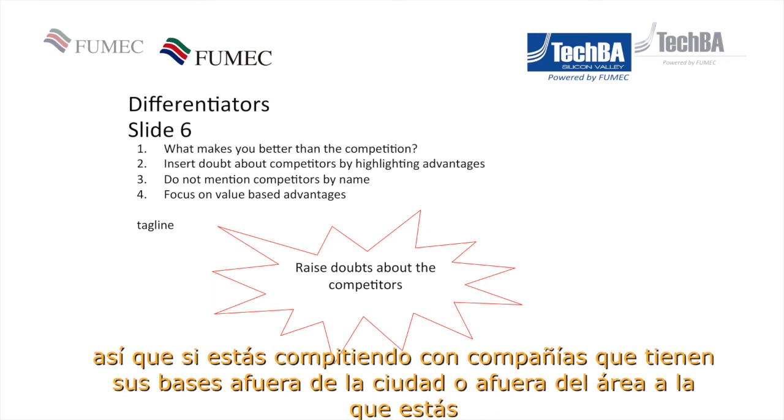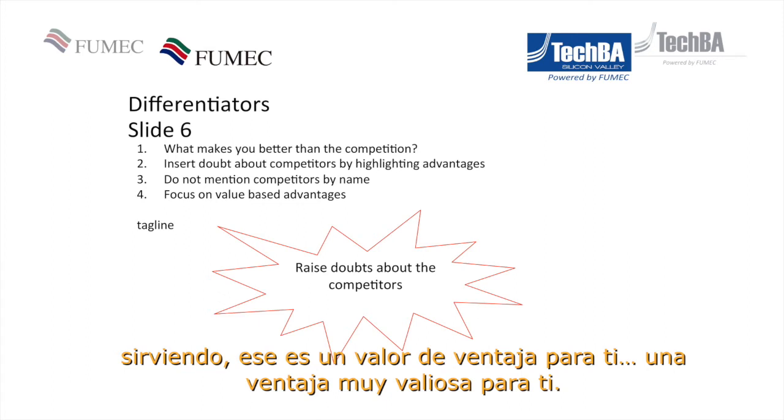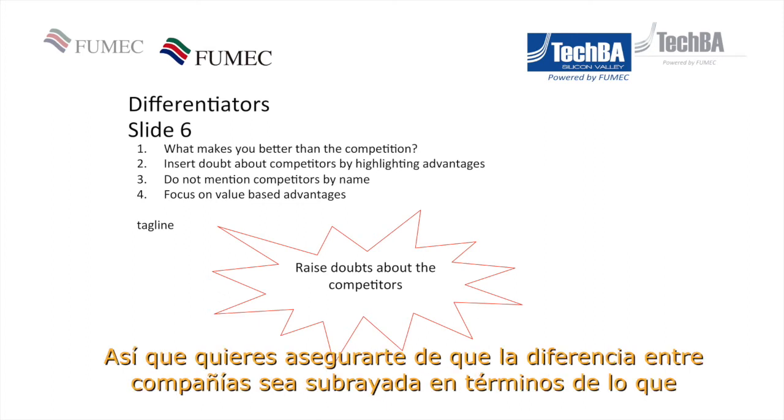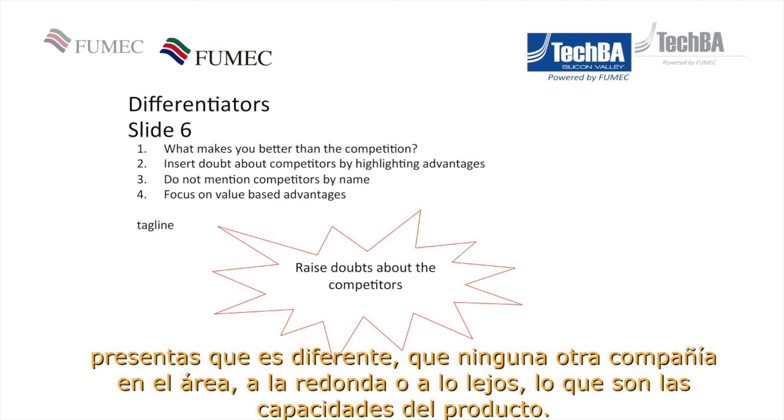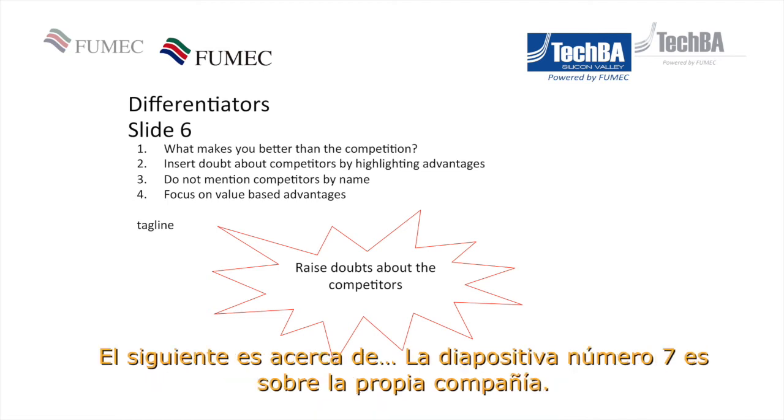So if you're competing with companies that are based outside the city or outside the area that you're serving, that's a very valuable advantage to you. So you want to make sure that the differences between companies are highlighted in terms of what you bring to the table that is different than any other company around the area, above and beyond the product differentiation capabilities.